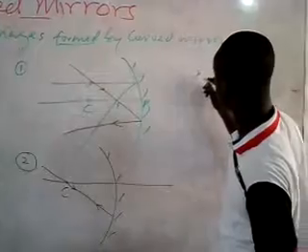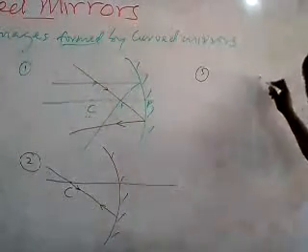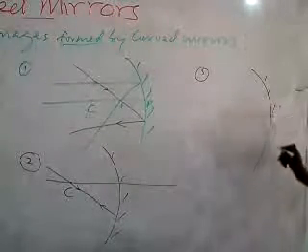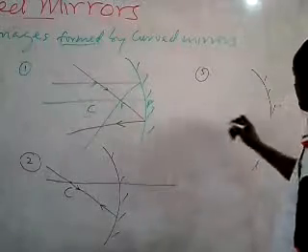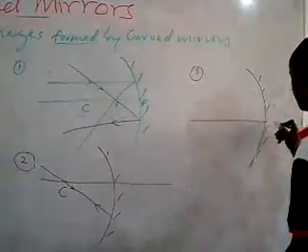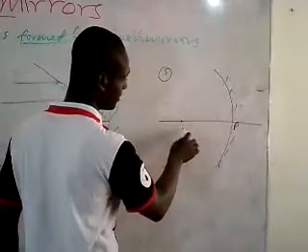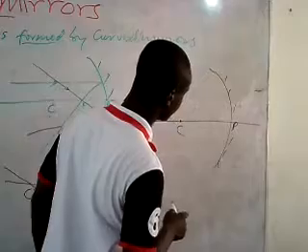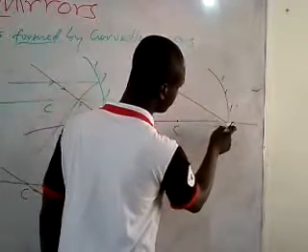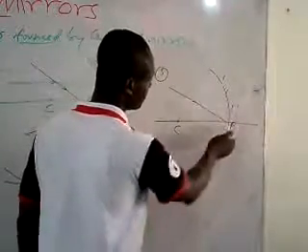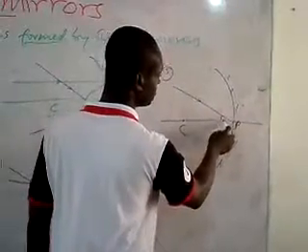Three. If I have my curved mirror like this, with the principal axis, and here is P, this side is my center of curvature. A ray incident at the pole reflects, making the same angle to the principal axis.